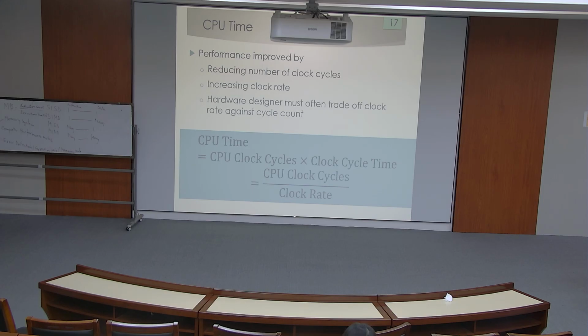So which means the CPU time equals the CPU clock cycles divided by the CPU clock length.